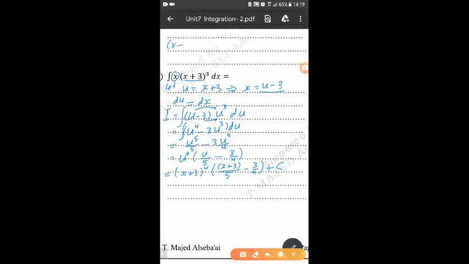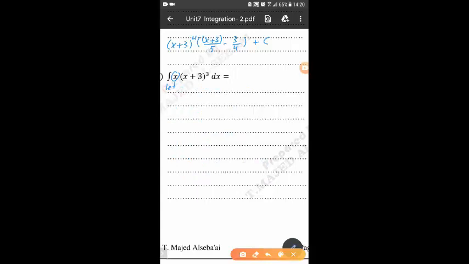It is (x plus 3) to the power of 4, bracket, (x plus 3) over 5 minus 3 over 4, plus c. I will leave it here while I clean everything in here.